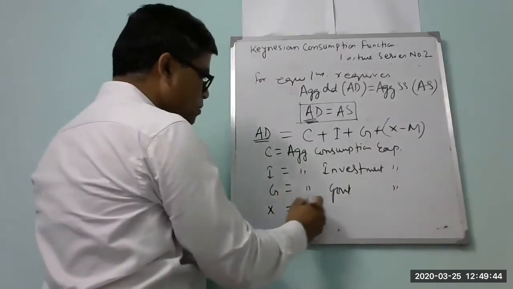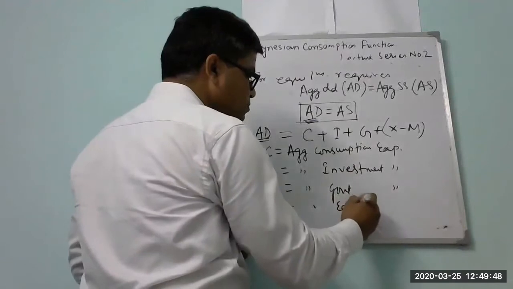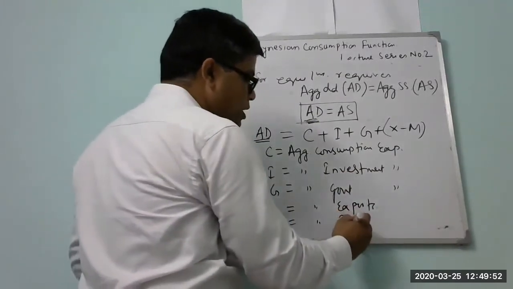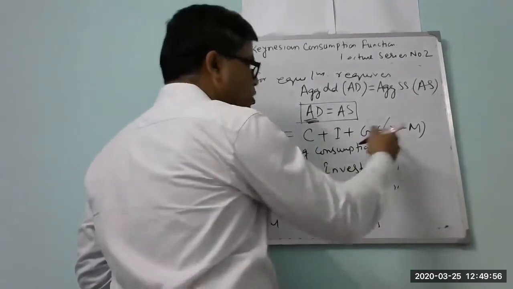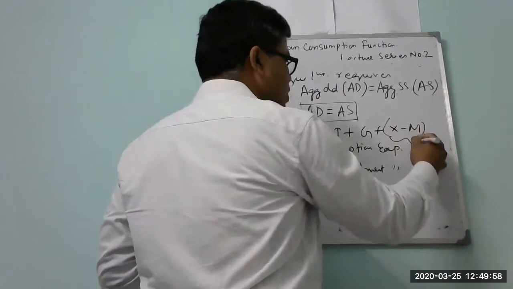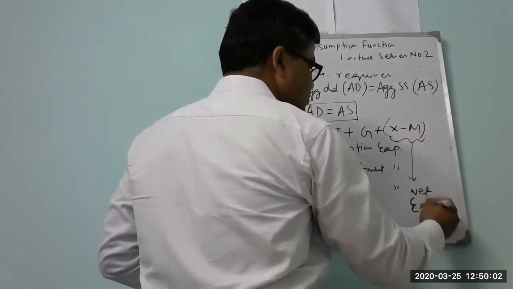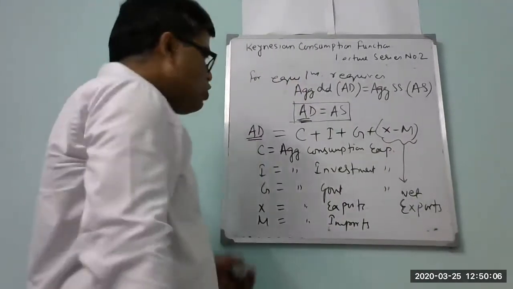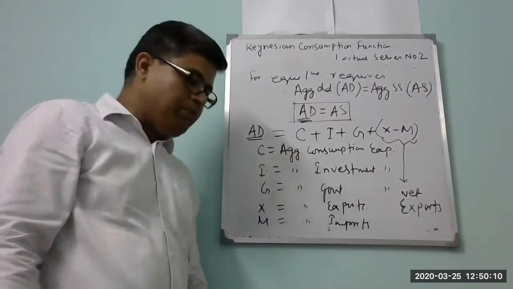X is the aggregate export. N stands for aggregate imports. And X minus N is called net exports, as a whole. So if we sum up all these, we get aggregate demand.